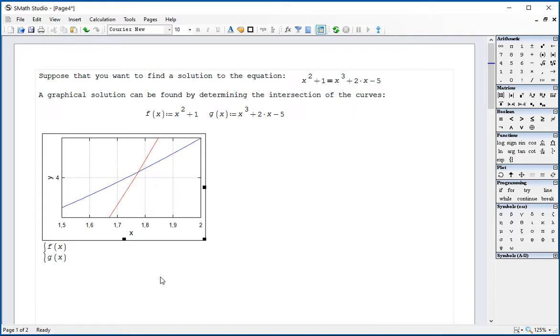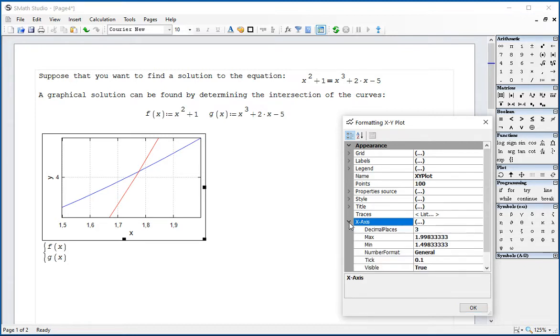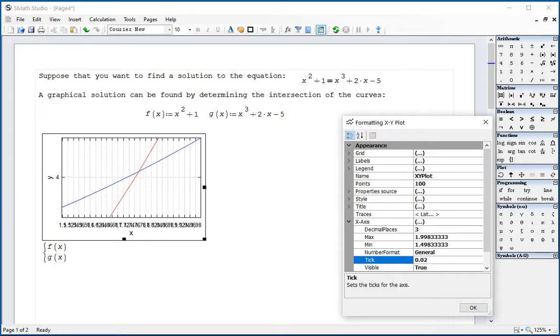And I'm going to make the grid in x a little bit finer, and also in y, because I think I'm getting close to a solution here. So let's try 0.02, too many of them. 0.2, no. Let's try 0.05. Okay, that's better.